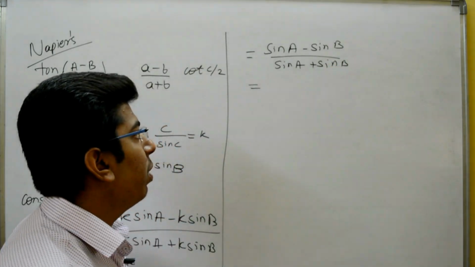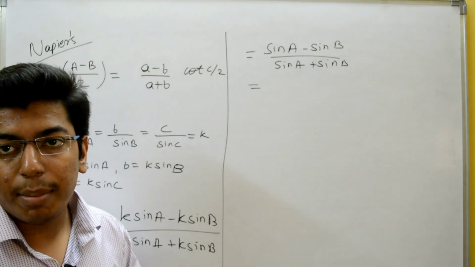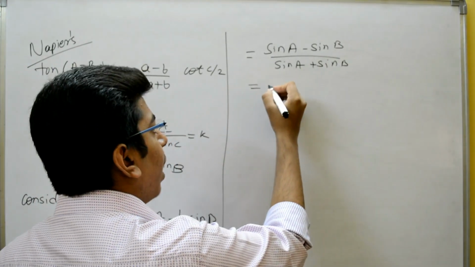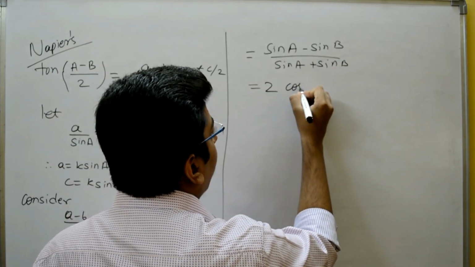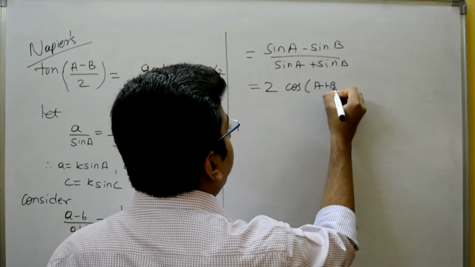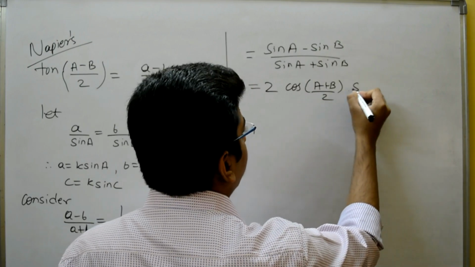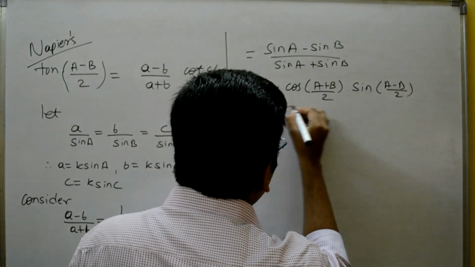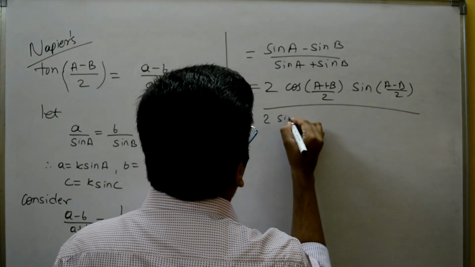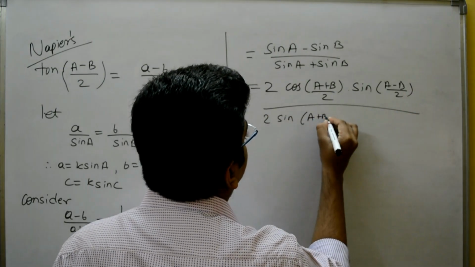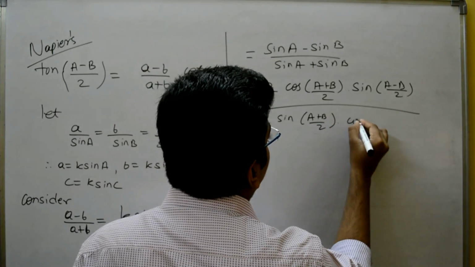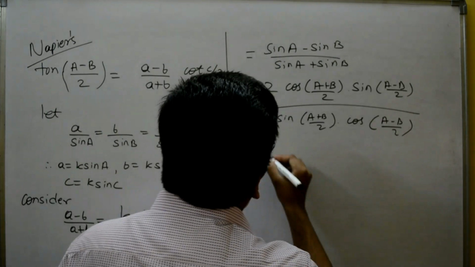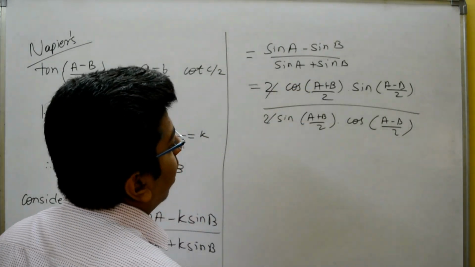So tell me what is the formula for sin A minus sin B. Okay, the formula is 2 cos (A plus B) by 2 into sin (A minus B) by 2 upon 2 sin (A plus B) by 2 into cos (A minus B) by 2. So this 2 will cancel out.